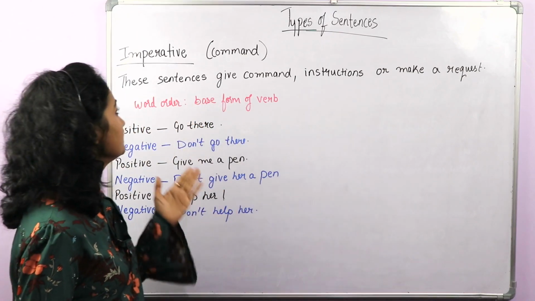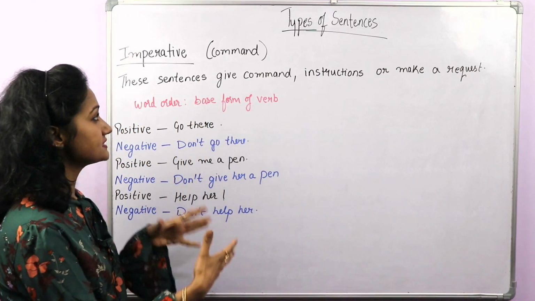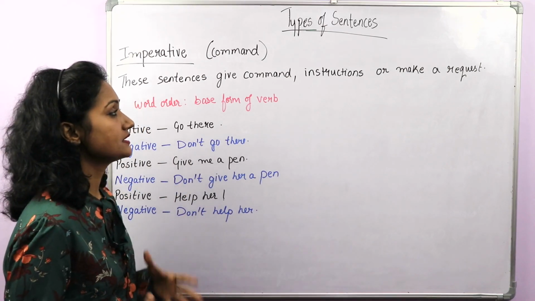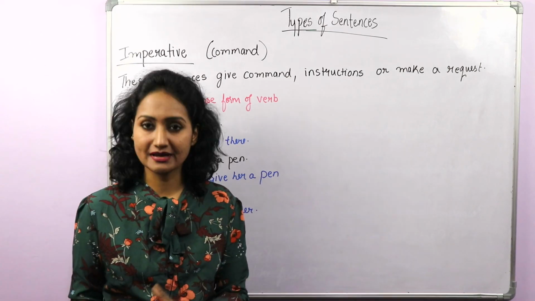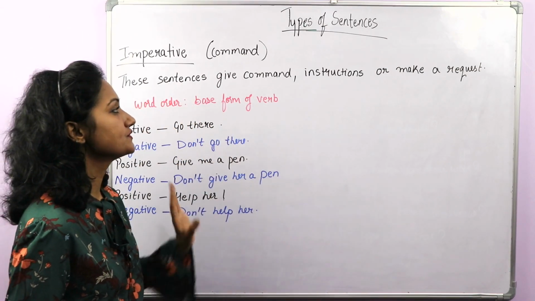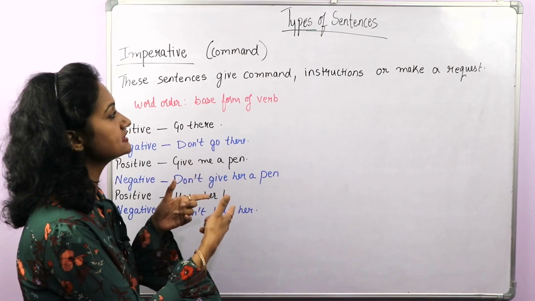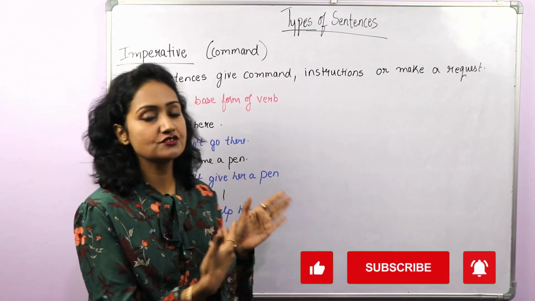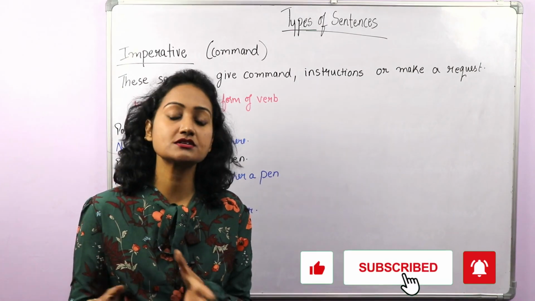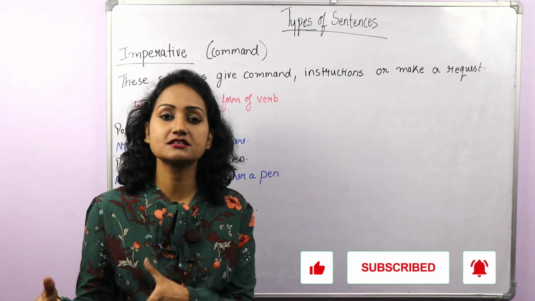Next is imperative. Imperative sentences are like commands. These sentences give commands, instructions or make requests. The word order is the base form of the verb, because instructions, commands and these kinds of sentences we have in simple present tense only. We cannot make these sentences in any other tense.